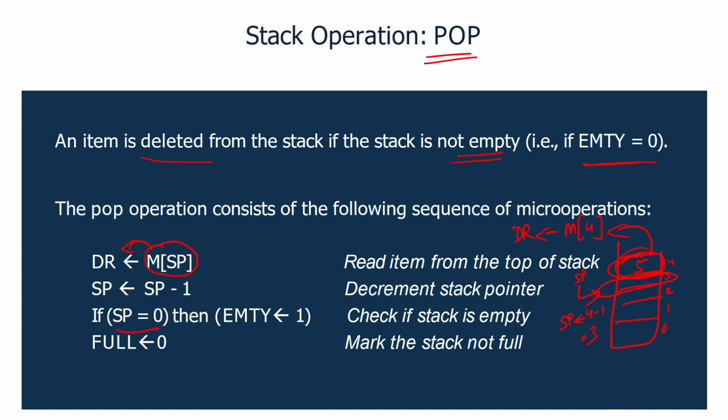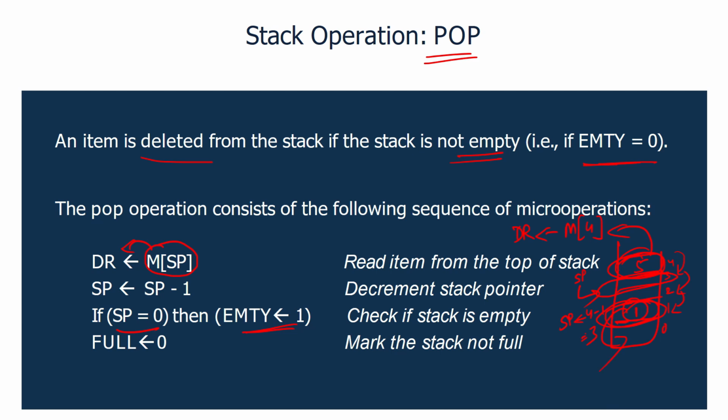If SP is equal to 0, then empty equal to 1. Now I told you that the first value of the stack is filled at location 1. Now after popping multiple times, there will be a condition when you will reach here, and when you pop this, you will come to this 0.